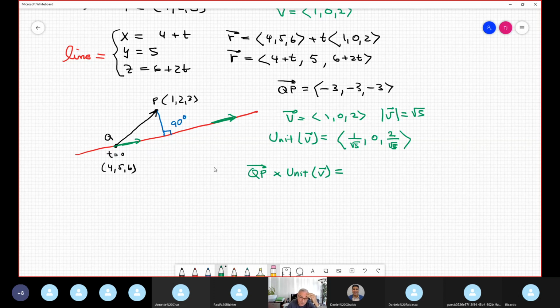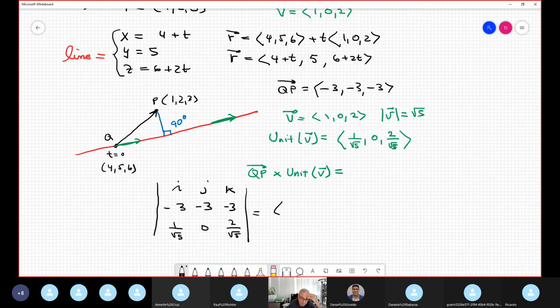Let me set it up, and the mathematical part I omit. Look, i, j, k; (-3, -3, -3), the components of QP, and the unit vector (1 over radical 5, 0, 2 over radical 5). Of course, I skip this part, I'm bored doing that. And the answer is (-6 over radical 5, 3 over radical 5, 3 over radical 5).